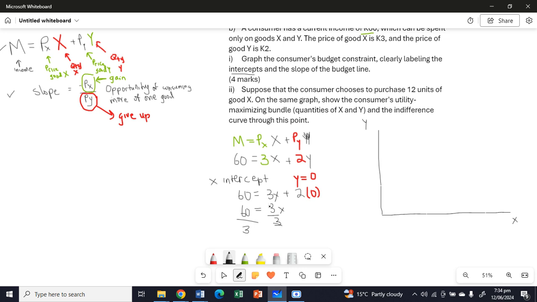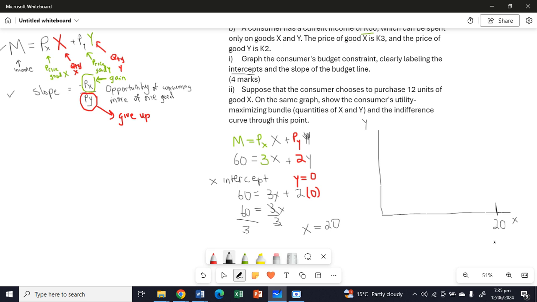So x equals 20. What this is telling us is that if this consumer wants to only buy good X, they can only buy 20 units of good X. So along your X axis, you put 20 here.